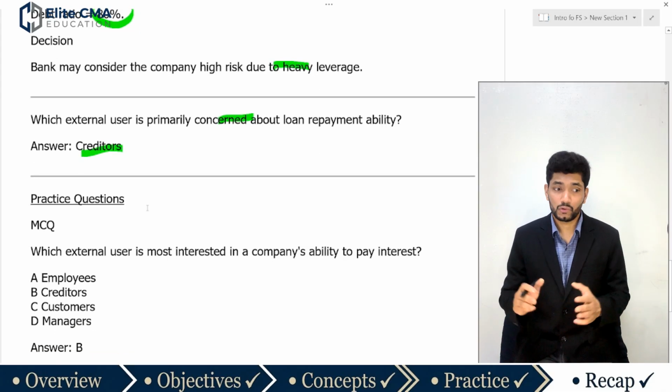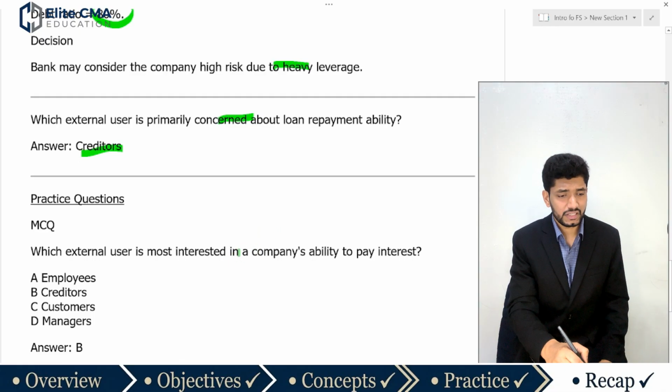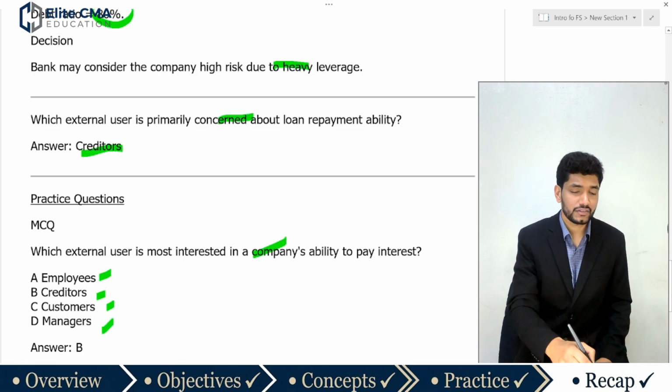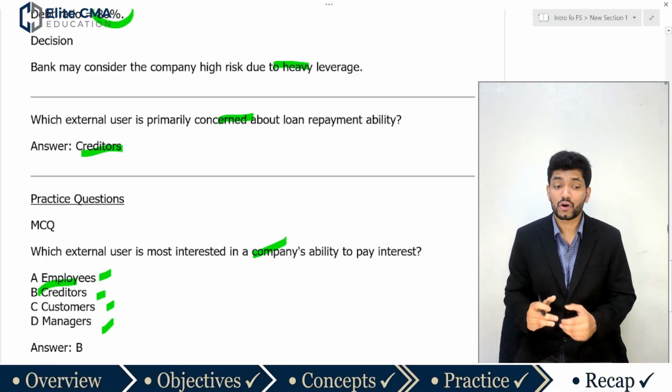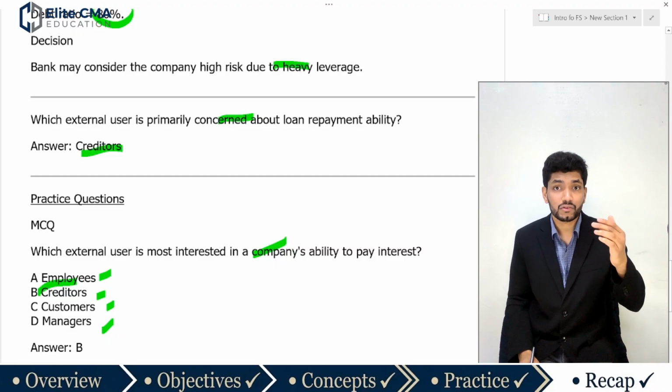So let's move into today's practice question, a multiple choice question. Which external user is most interested in a company's ability to pay interest? Employees, creditors, customers, or managers. So definitely it is creditors. Creditors are mainly interested in a company's ability to pay interest before extending credit to that customer.